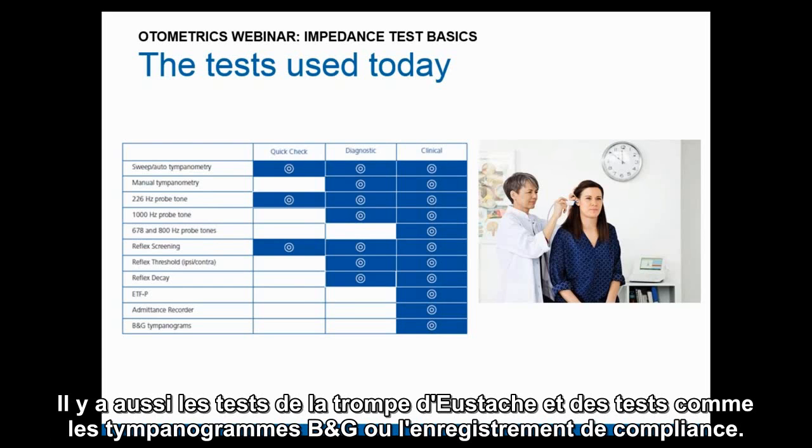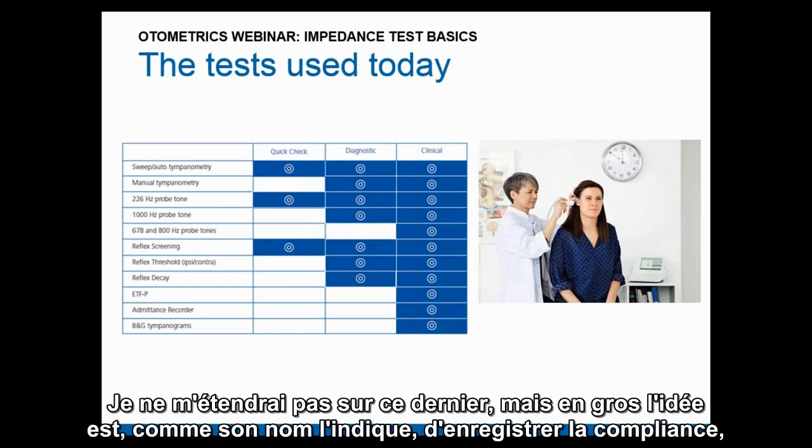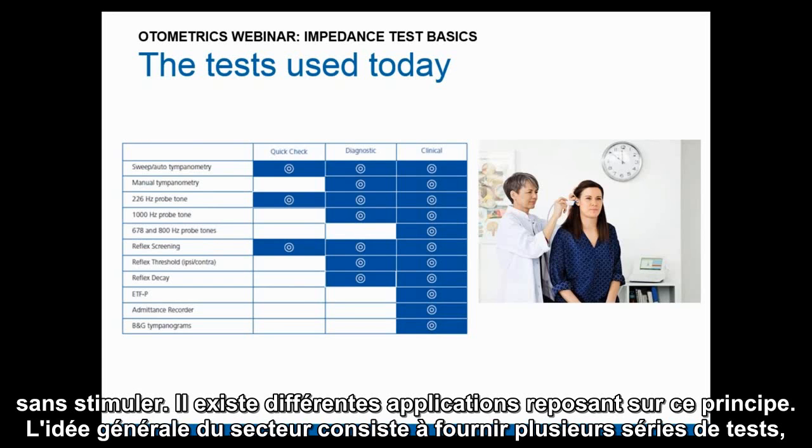You will also find tests for the Eustachian tube, and also you can find a test like the BNG tympanograms, or tests like the admittance recorder. This test, admittance recorder, I won't spend too much time on it, but basically the idea is to be able to record the admittance, as the title says, without stimulating. So you can have different applications based on this.